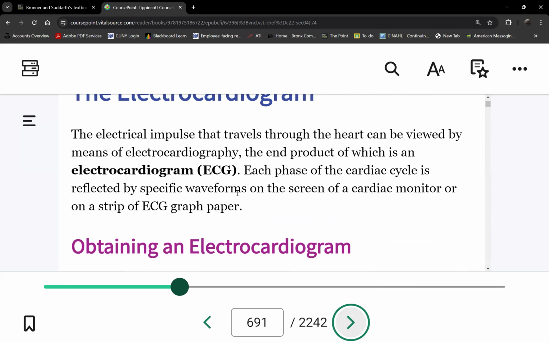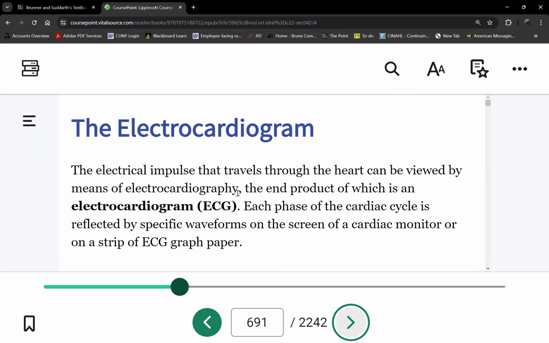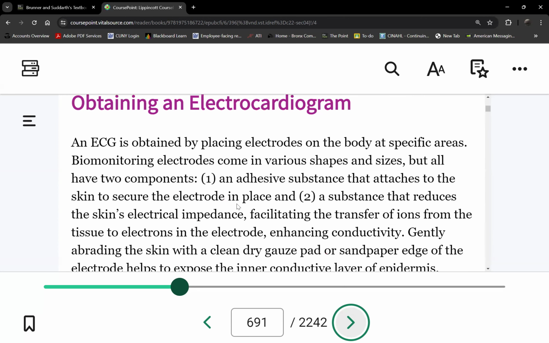The ECG is a machine invented by Dr. Einthoven a century ago. Dr. Einthoven developed a machine that captures the electrical impulses traveling throughout the body.